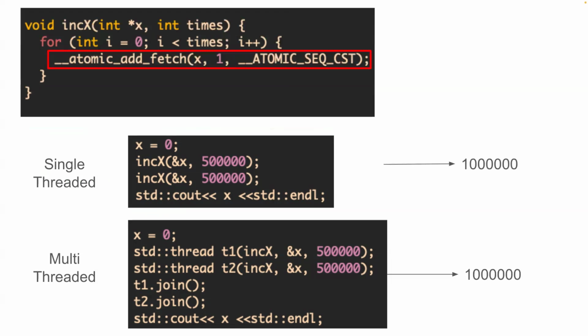So you just replace the x = x + 1 with atomic add. I'll get into what the last parameter, atomic sequential consistency, means. Don't worry about that now. If you don't get time to cover that, just use sequential consistency. But for now, don't worry about that. Okay. So makes sense so far, right?